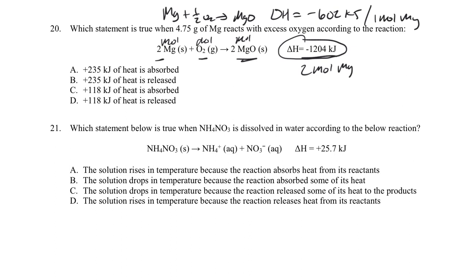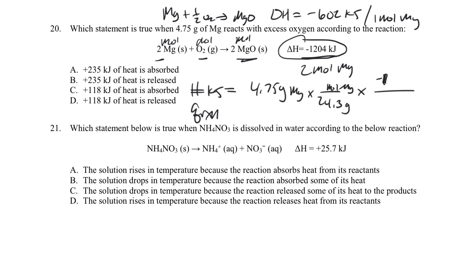It's the same ratio. And that's important so that when we're solving for the number of kJ here, let's say our q reaction is what we're solving for, we take our 4.75 grams of magnesium, go 24.3 grams per mole of magnesium, then we do the minus 1204 kJ per 2 moles of magnesium. I need this 2 moles here.